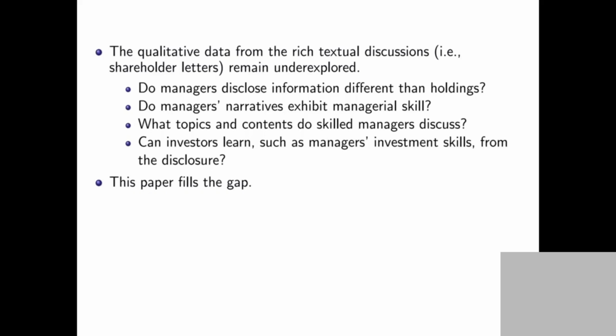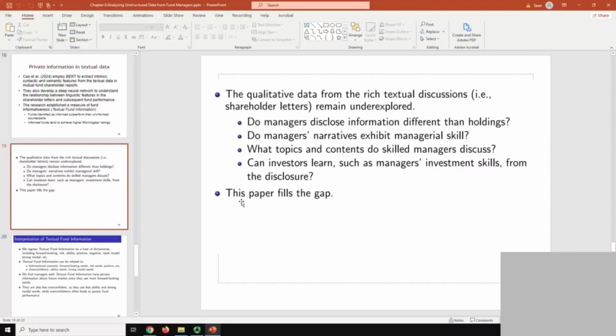And do investors actually know? We found institutional investors know, but retail investors don't know. What does that mean? Institutional investors can analyze this discussion and know which mutual funds are good or bad, but retail investors do not know. So these are the answers to these questions. This is the first case, and we are going to talk about the second case.